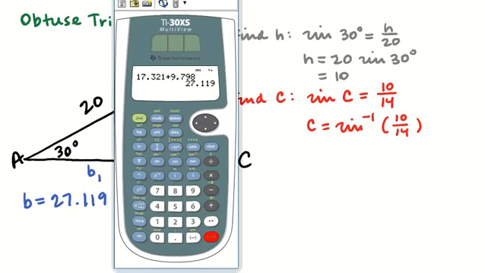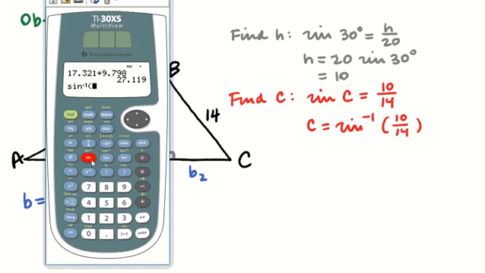Over here, inverse sine of 10 divided by 14, that's going to be 45.585. So I'll just put that in.